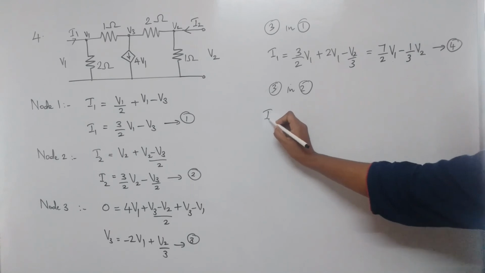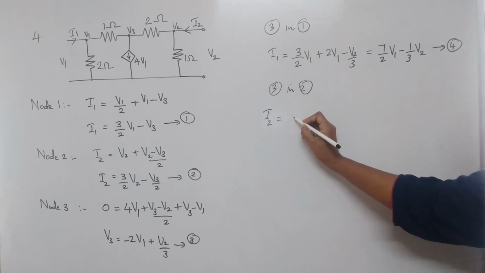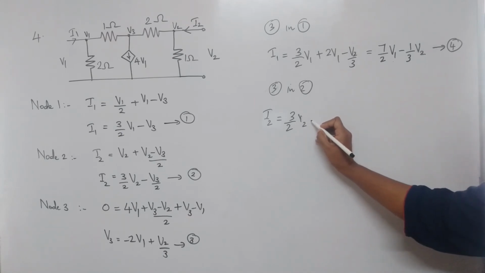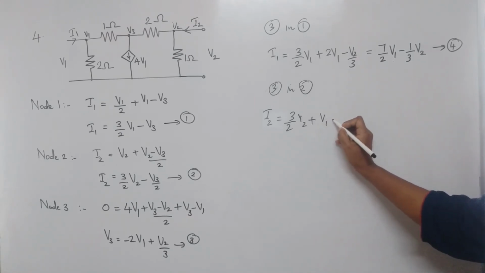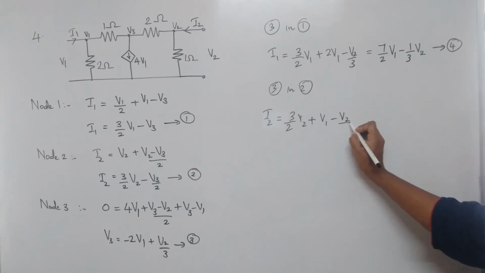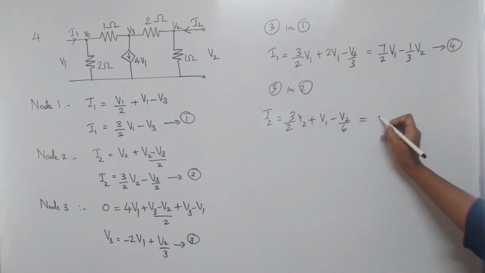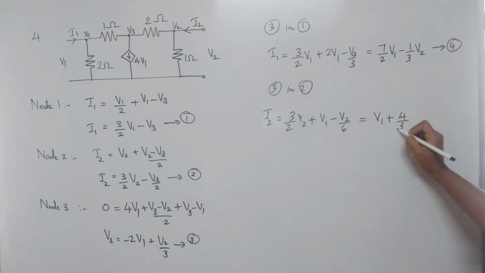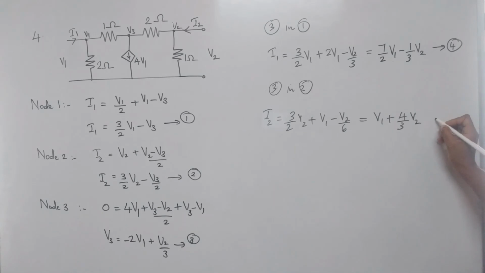We will get I2 is equal to 3 by 2 V2 plus V1 minus V2 by 6, or this is equal to V1 plus 4 by 3 V2.